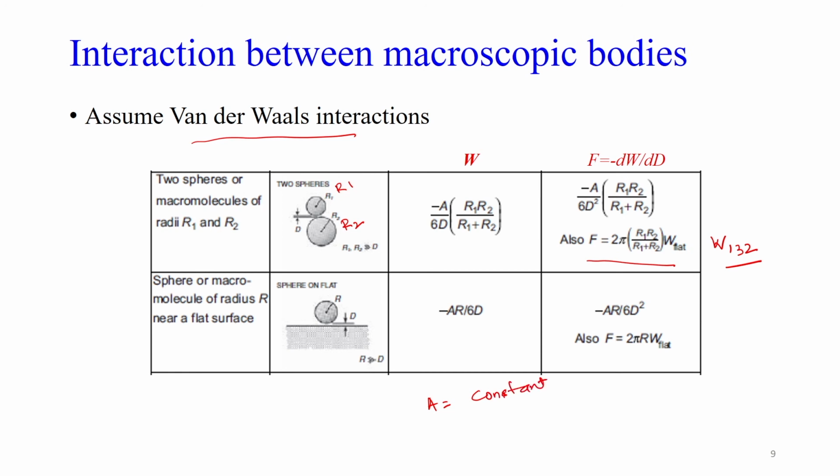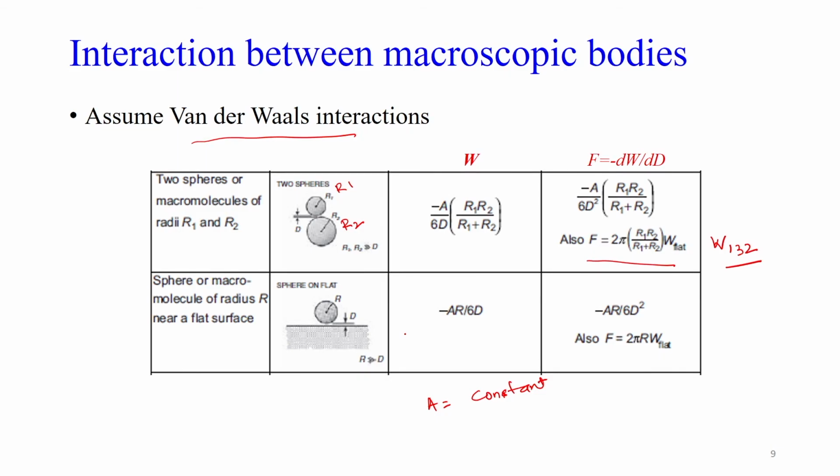Now, if you are considering a sphere on a solid surface, we have a flat surface, and a spherical macromolecule is interacting with it, and the distance between them is d.